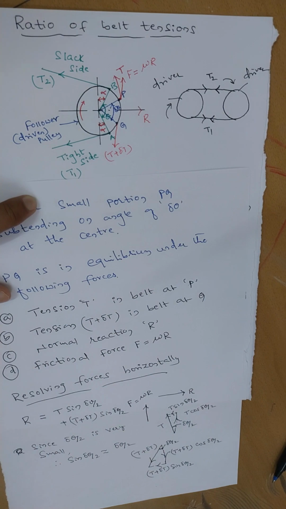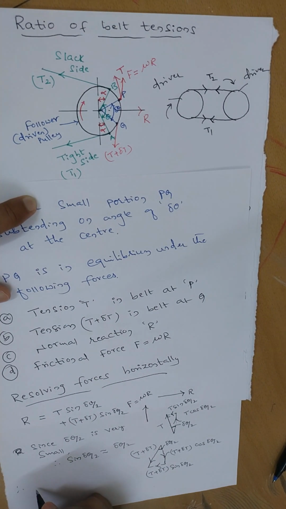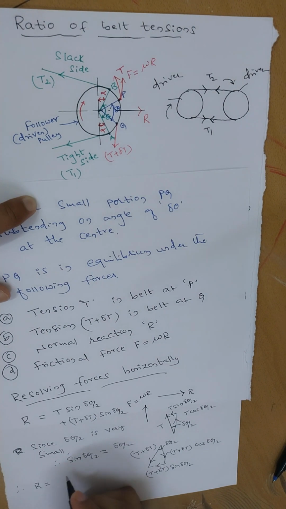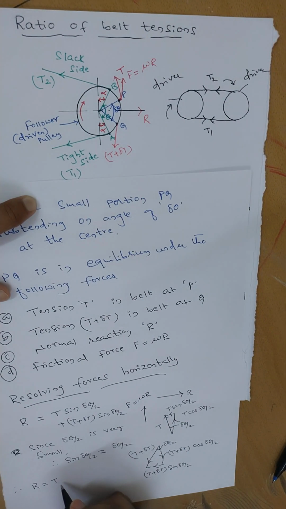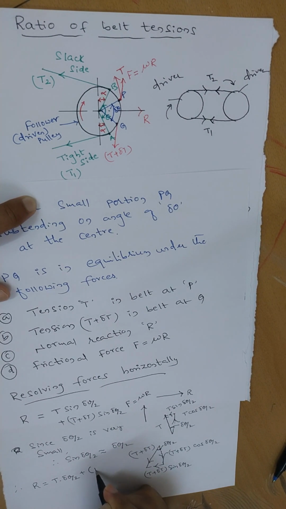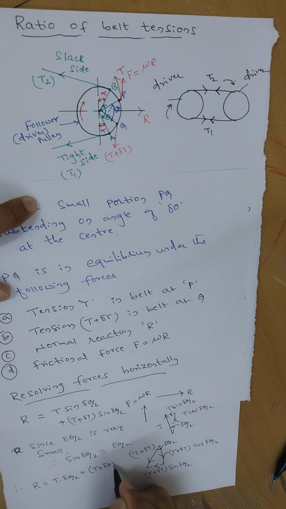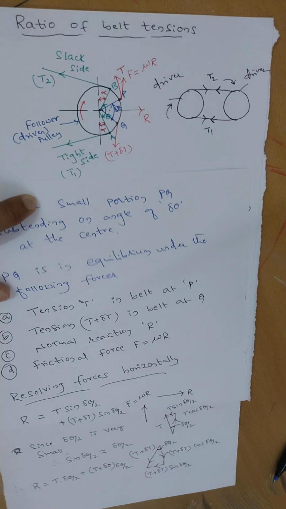Okay. Substitute this here. What is the R now? Therefore R equal to T, this is dθ/2, right? T into dθ/2 plus (T + dT) into dθ/2. Okay.